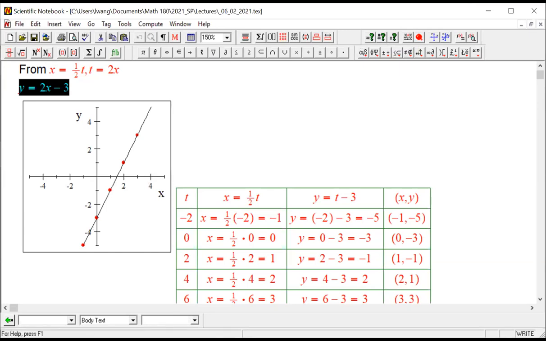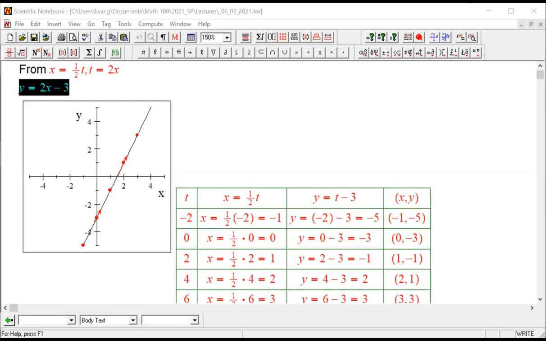Because when we work with the parametric, we know there's a direction as t increases. But if we simply graph y equals 2x minus 3, we're not going to see that direction. That's the difference between parametric and the rectangular equations we are familiar with.